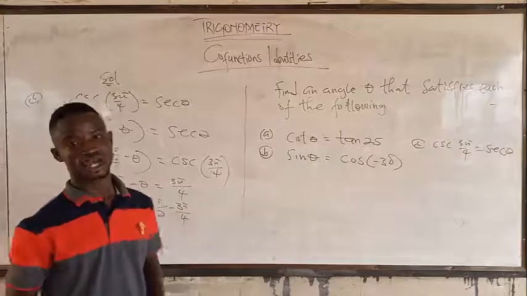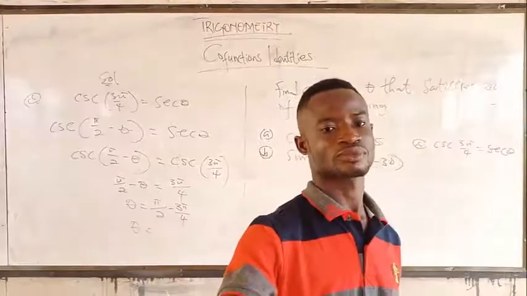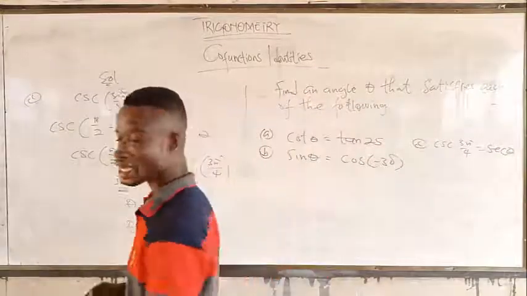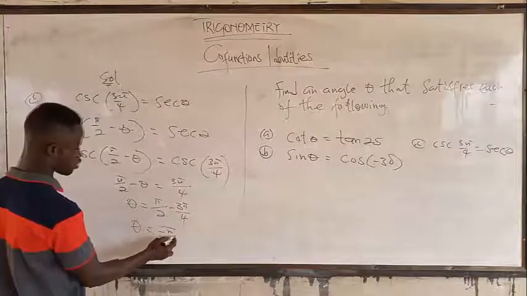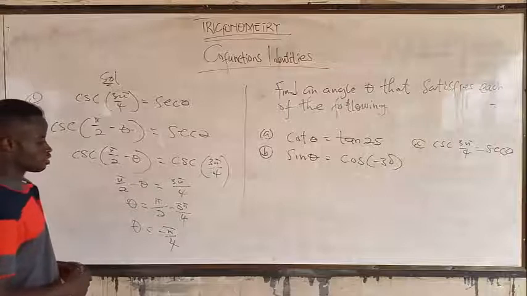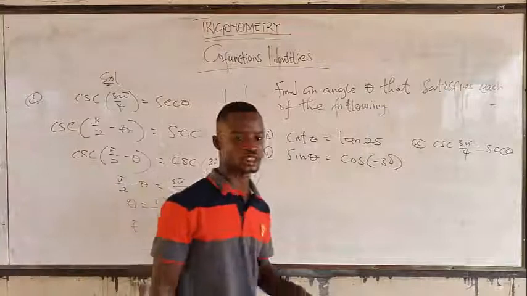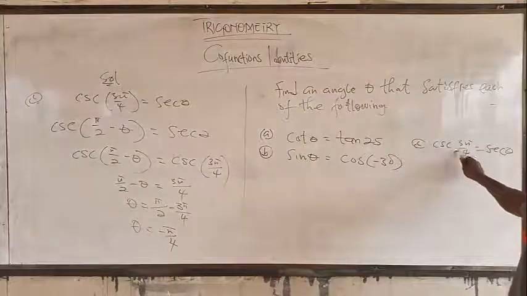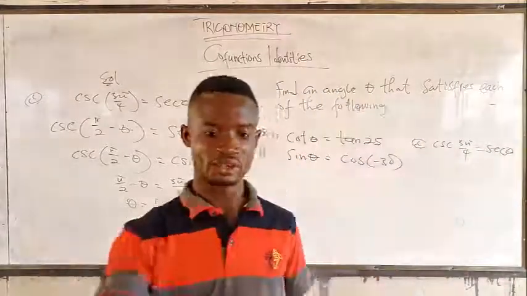When you do that, you are going to get theta to be negative pi on 4. Negative pi over 4. Very good. So that is going to be the theta that will satisfy this equation. Very good.